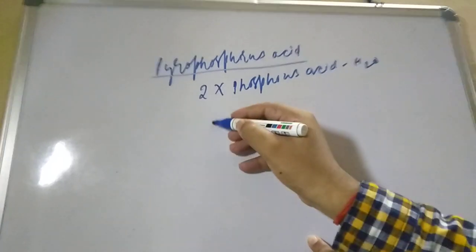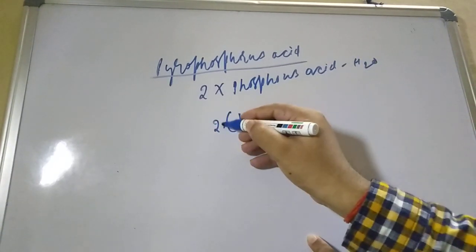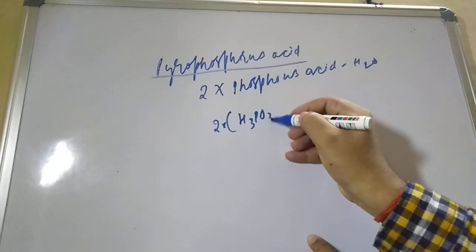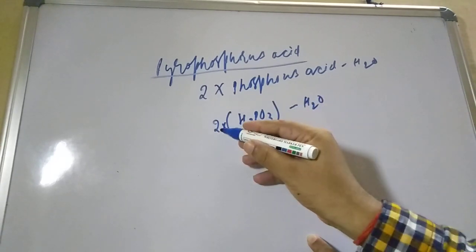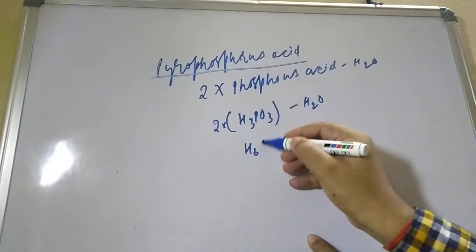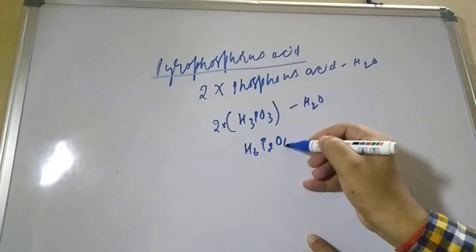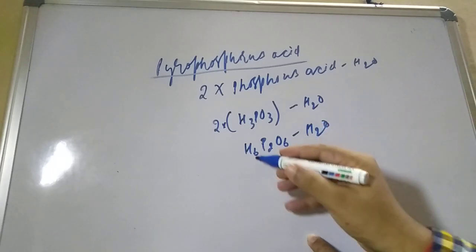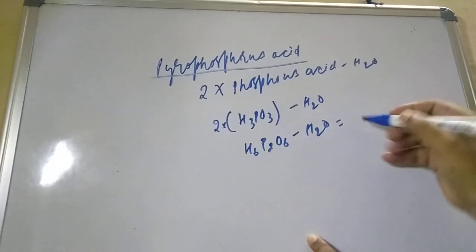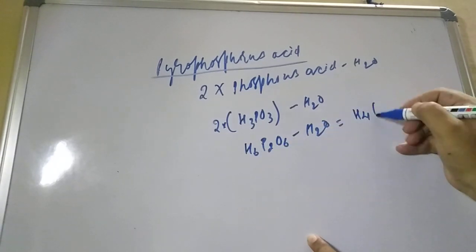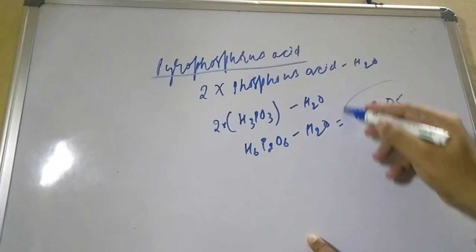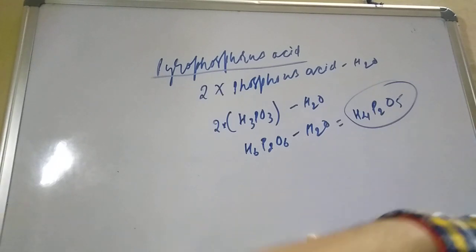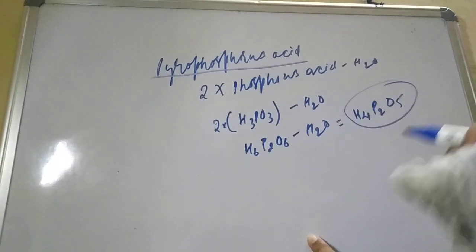So 2 in bracket H3PO3 minus water. Now see, multiply it. So what will come? H6P2O6 minus H2O. If you see 6 minus 2, how much will come? H4P2, and O6 minus 1, that is O5. H4P2O5 is the formula of pyrophosphorus acid.